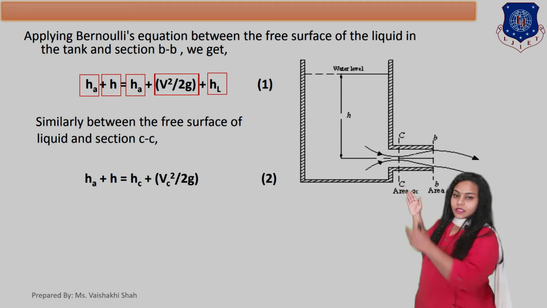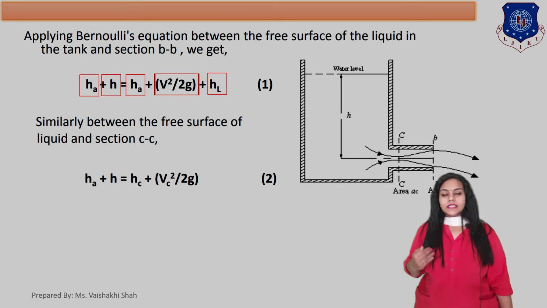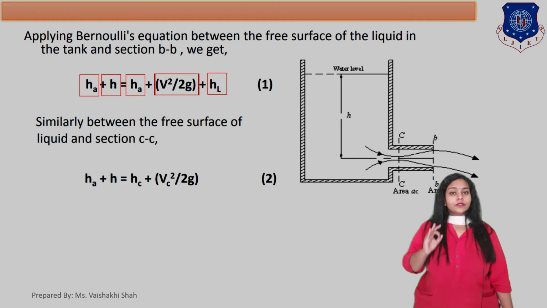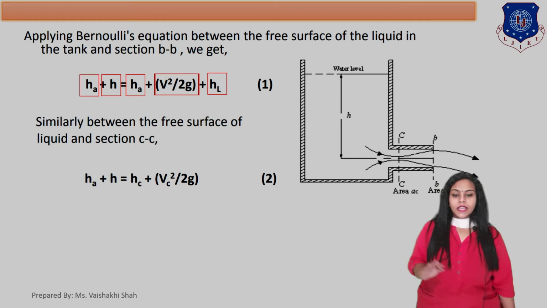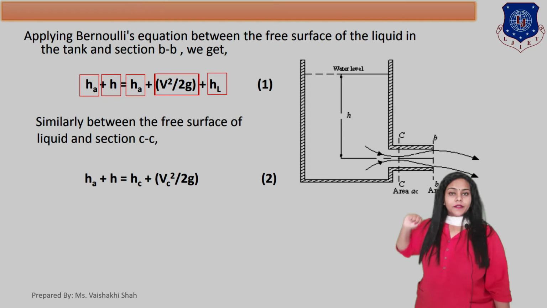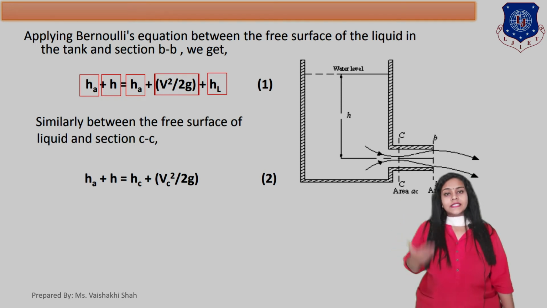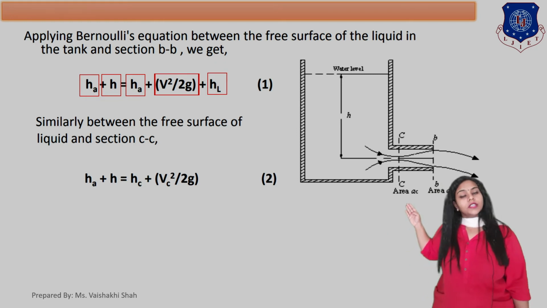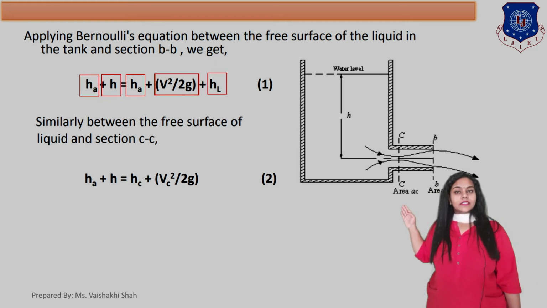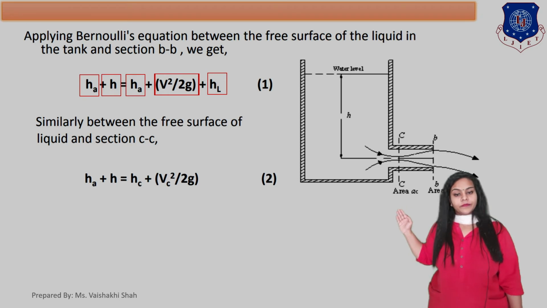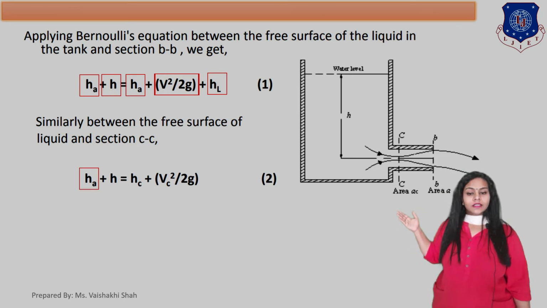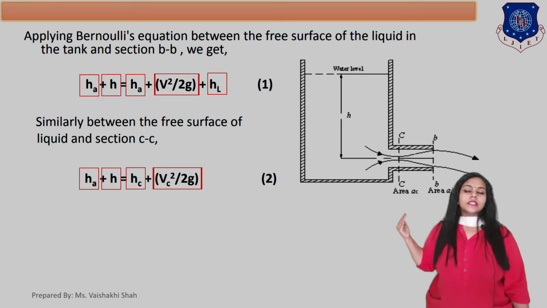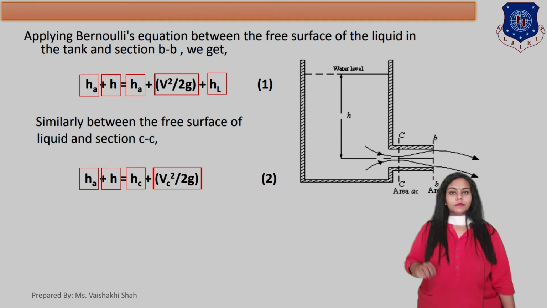Now, Bernoulli's equation at CC is P2 by rho g, that is HC, the pressure head at section CC, and Vc square by 2g. Velocity at section C is Vc. Now, HA plus H equals HC plus Vc square by 2g. This is your equation number 2.